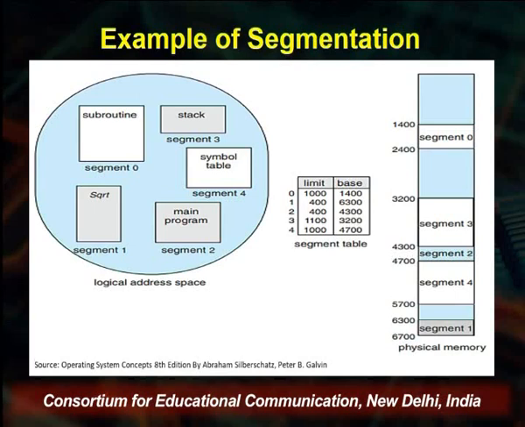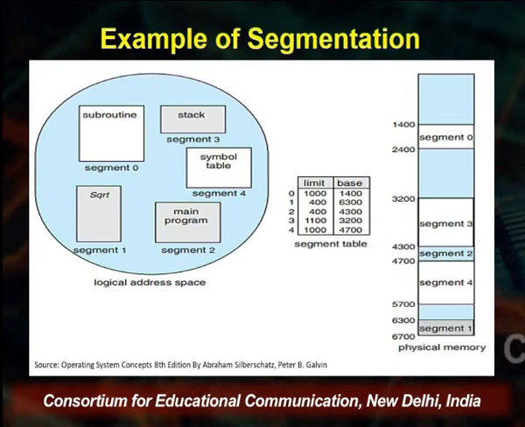Now please remember that the limit has to be a permissible number. We cannot say the limit is 10,000, because adding 10,000 to any base address in this kind of physical memory is going to generate an address beyond the limits of the physical memory, which is not allowed.